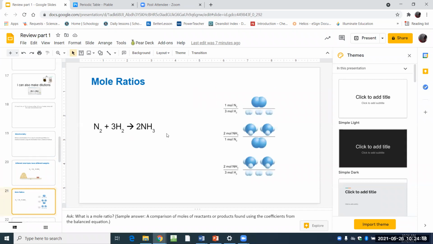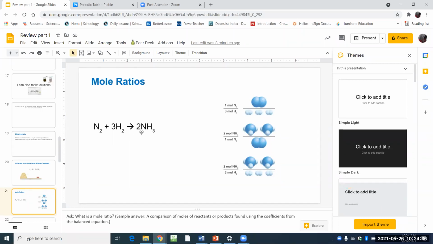This is the chemical reaction that's taking place. If I want to know the ratio of nitrogen to hydrogen, I would say for every 1 nitrogen, I need 3 molecules of hydrogen to react with it.